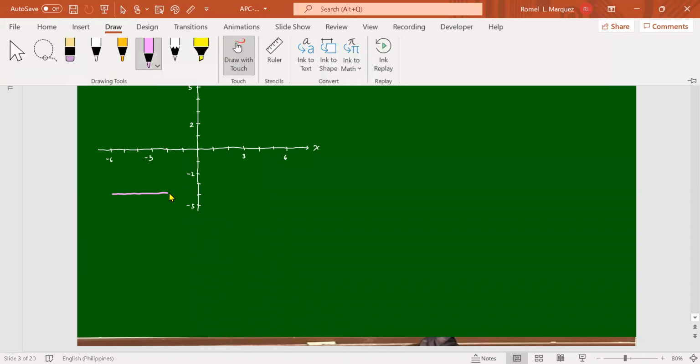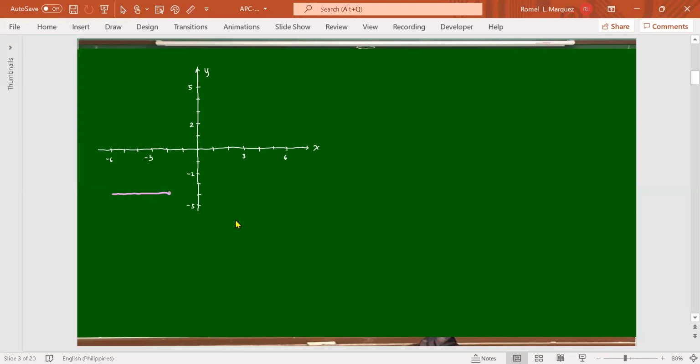So this point. And then to the right of 2, y is 4. To the right of 2, it is a solid point also, because it is connected to the slant line.